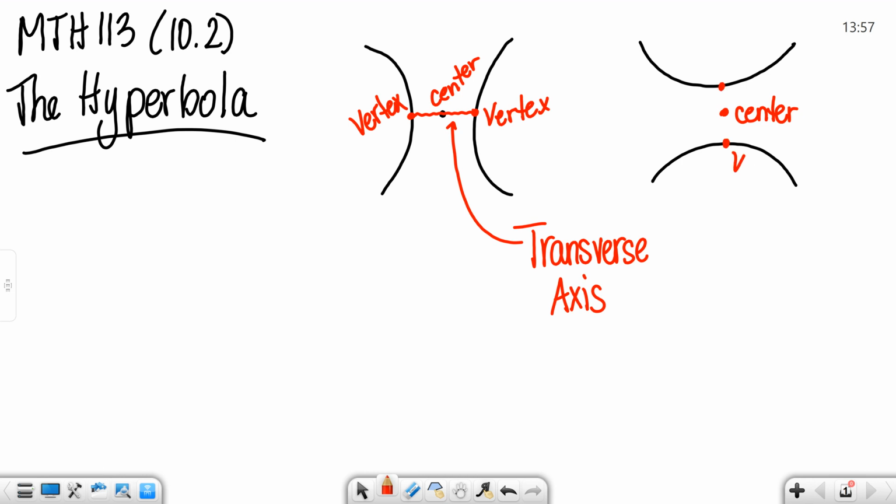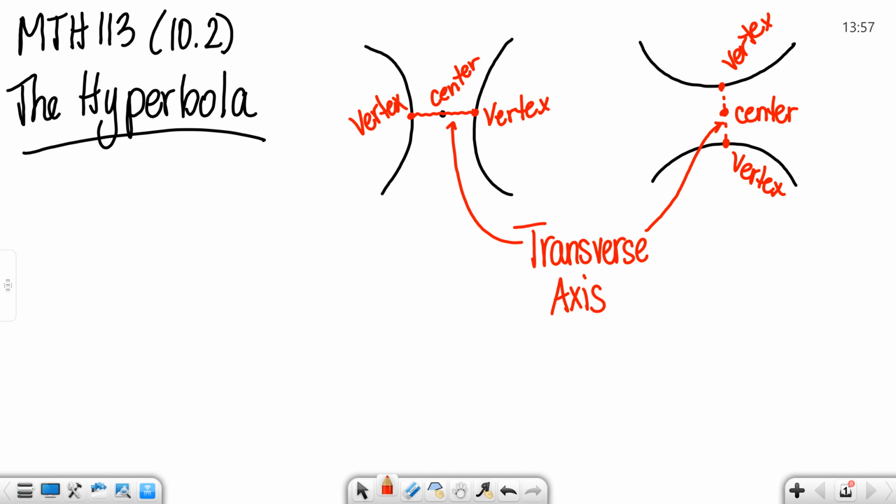These 2 points would be considered our vertices, so each one is a vertex. And then the line that connects those is called the transverse axis. Okay, so the transverse axis connects the vertices of a hyperbola and it goes through the center. So that's a super important part of those.